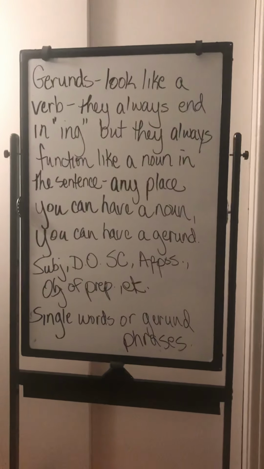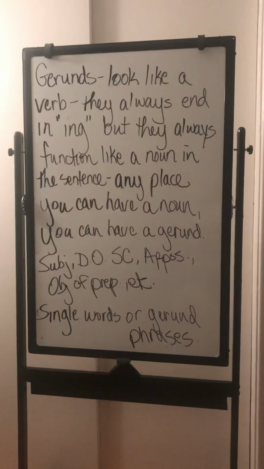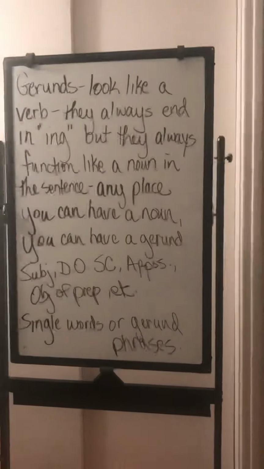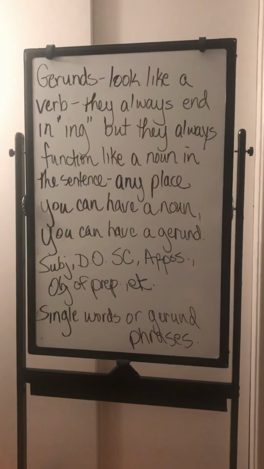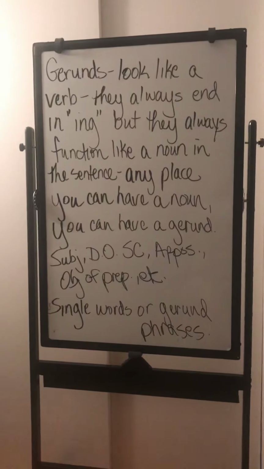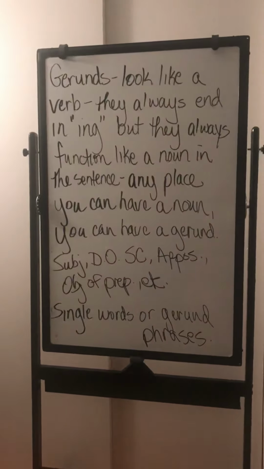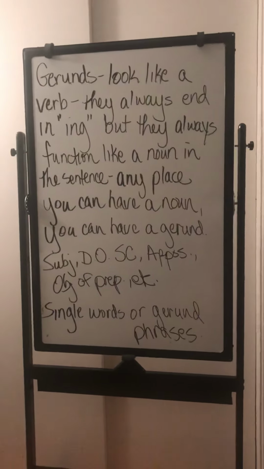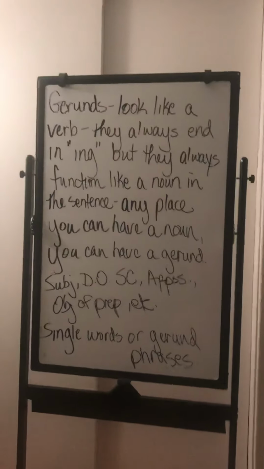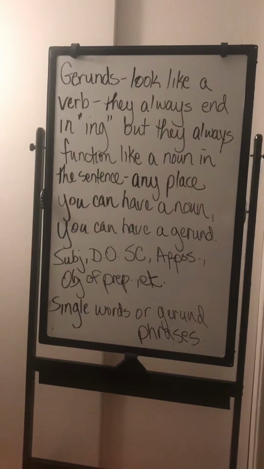So if you said something like, running on the trails is my favorite way to exercise, then you're not just saying running is your favorite way to exercise, but you're getting a lot more specific and saying that trail running is your favorite way to exercise. So it gives information to the reader about the type of running that is your favorite or that you like to do.